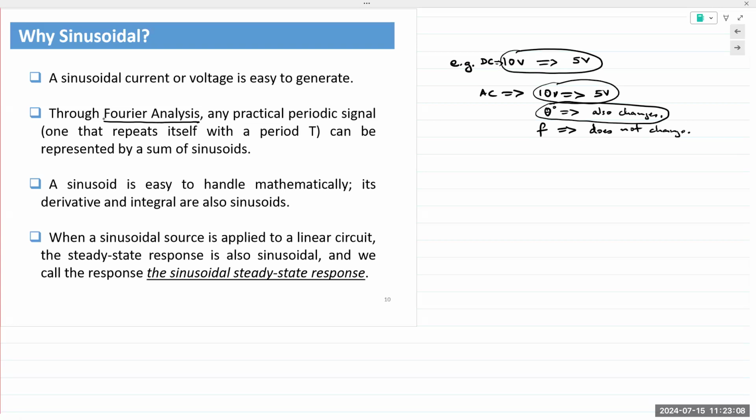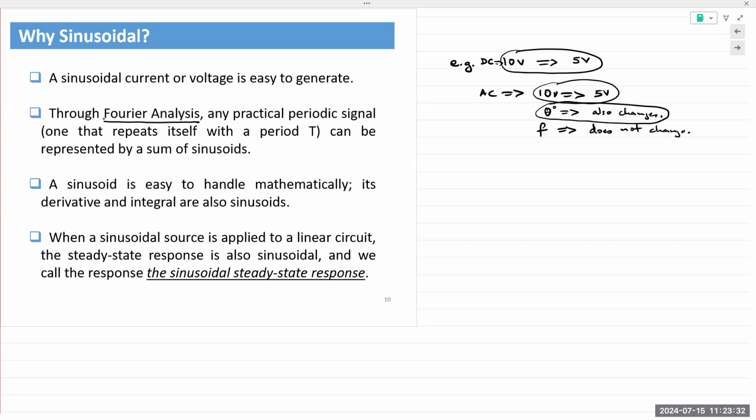But the good news is that the result is also a sinusoidal, right? Because for capacitors and inductors, you apply a sine or cosine waveform. For capacitors and inductors, we have to find derivatives and integrals for voltage and current. L di over dt, C dV over dt.